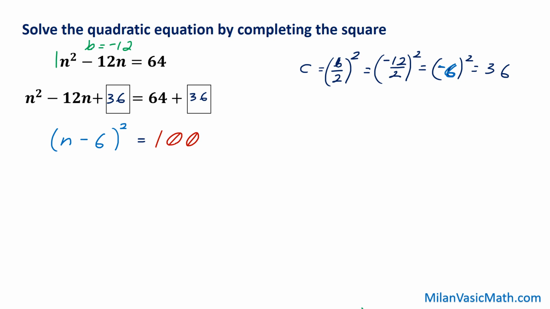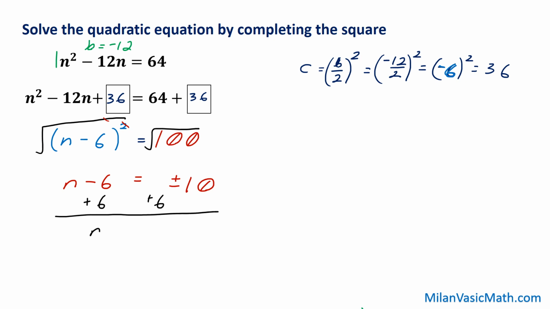Okay, now we can take the square root of both sides, and on the left side we're left with n minus 6. On the right side we're left with positive and negative 10, because the negative times negative is also positive, and add 6 to both sides to get the variable by itself. I have n equals 6 plus or minus 10.